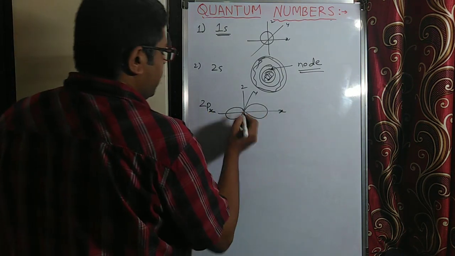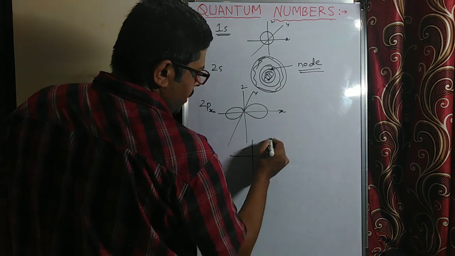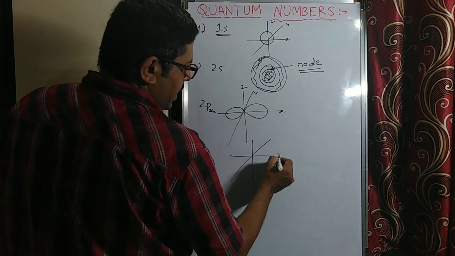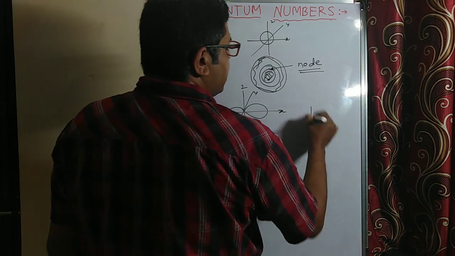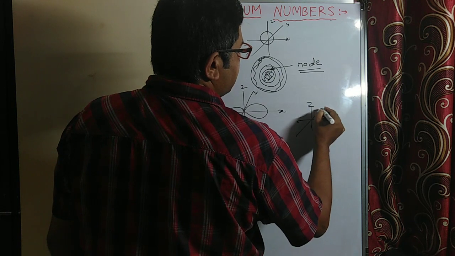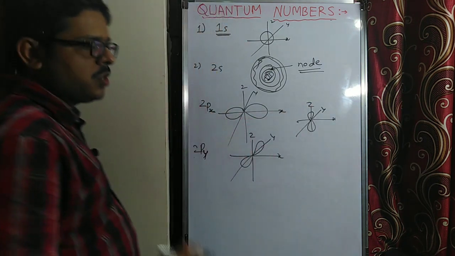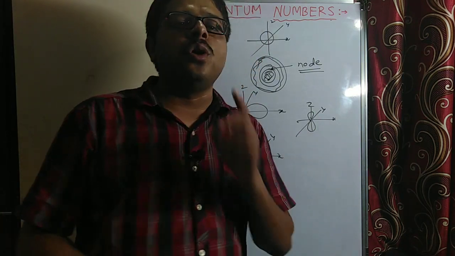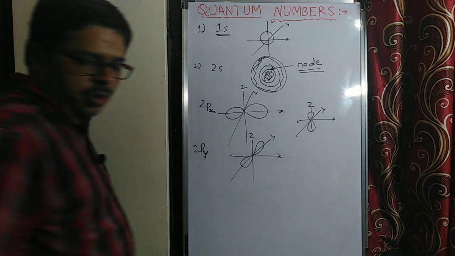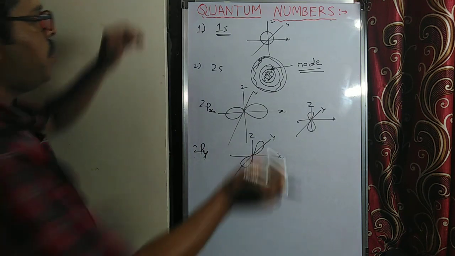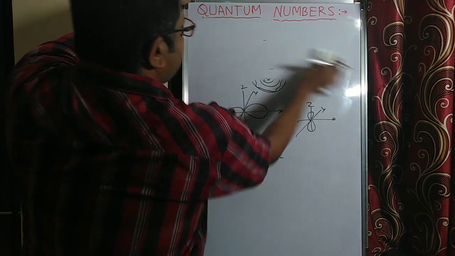If it is py, then along the y axis. For pz, it is along the z axis, like this. My handwriting is not that clear, so you have to adjust for that. Fine. Now 2px, 2py, 2pz I have written. Now, very important, I will write about nodes, I will tell you later.